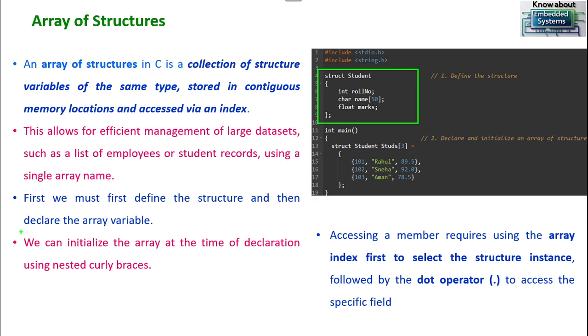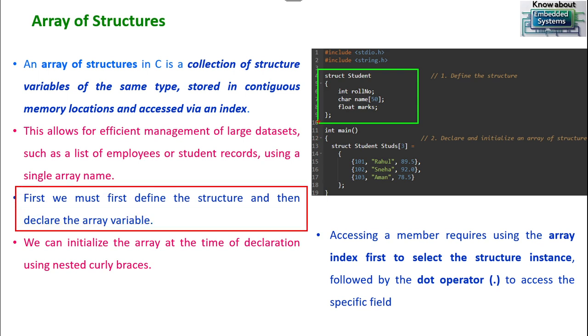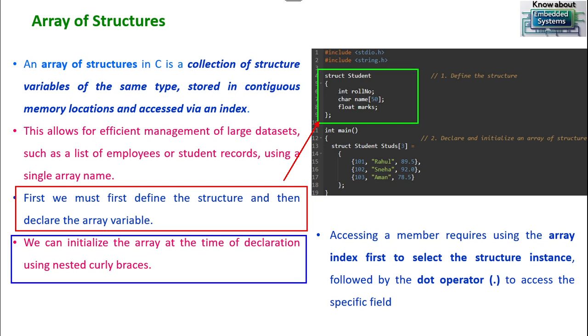We have to declare the base structure first. The second thing is the user information. This can be given during the declaration, or we can also do it during runtime. However we want, we can do it.